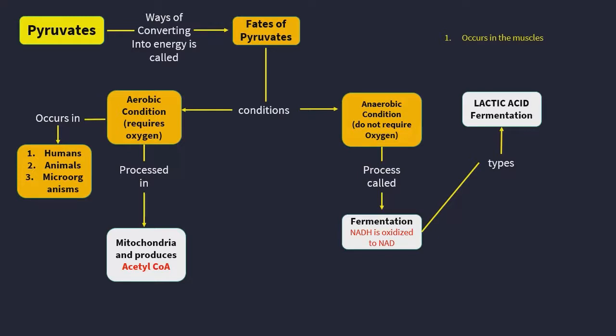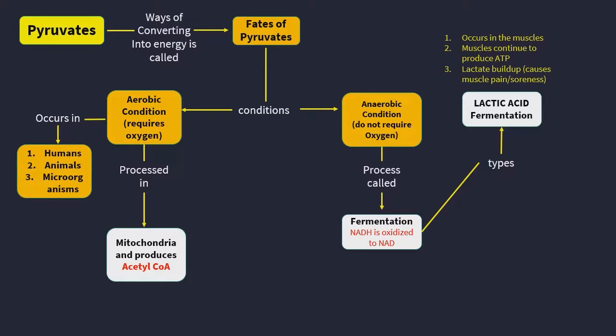So basically, we also utilize both aerobic and anaerobic conditions in utilizing our pyruvates as energy, because in our muscles, and the muscles of other animals, ATP is produced for the energy requirement of the activity.